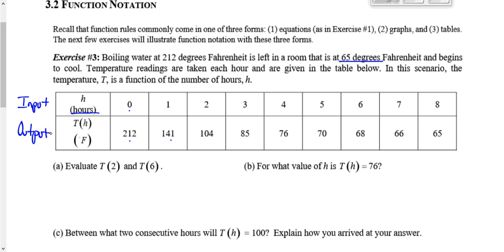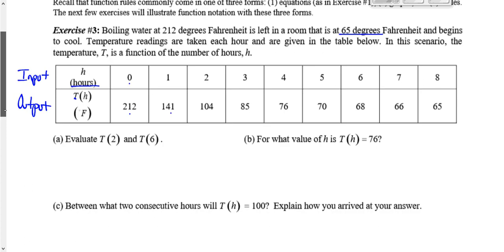So if somebody says, what's the temperature after 3 hours? You input a 3, and the output is 85 degrees. Okay? And this is read T of H, temperature as a function of H. So it makes sense, we're not using an X. H for hours, and T of H. T, temperature, is a function of hours that go by, right?